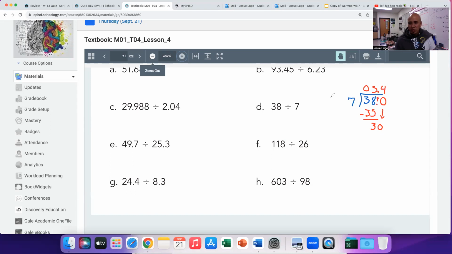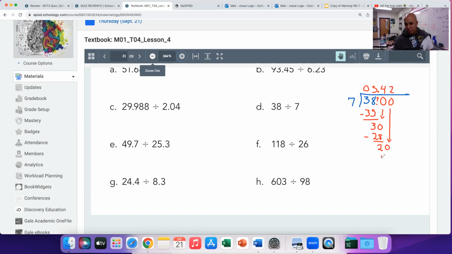Here, let me make this division box longer. There we go. 7 times 4 is 28. So 30 minus 28 is 2. Again, same thing, 38 is 38.0, so we have another 0 here to spare. Just bring down another 0 until it fits evenly. 7 goes into 20 twice. That's a weird looking 2.